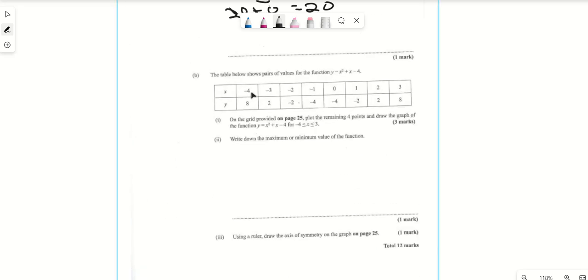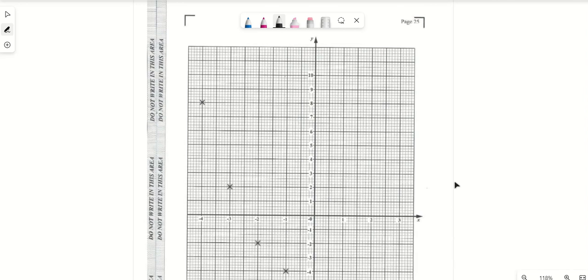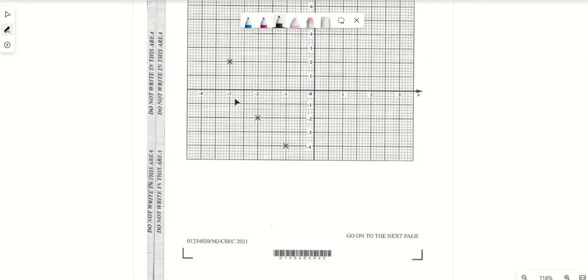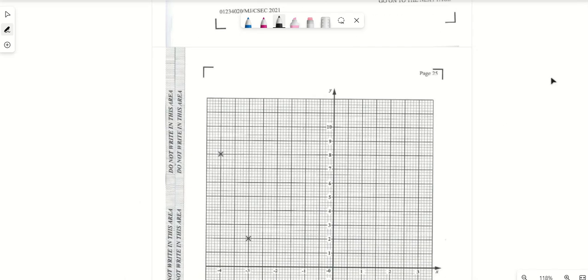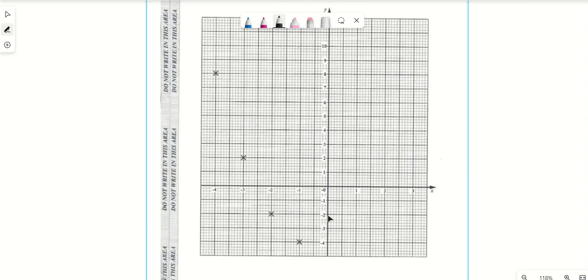The first one, this first one, minus 4, 8. Let's see if that's there. When x is minus 4, y is 8. The next one was minus 3, 2. We have x is minus 3, y is 2, so we have that coordinate. The next point was minus 2, minus 2. That is x is minus 2, y is minus 2.